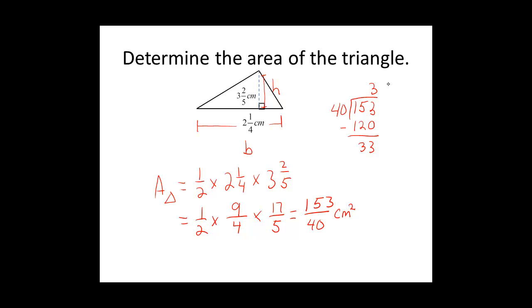Our remainder is our numerator, and what we divided by is our denominator. So this is our answer as a mixed number, 3 and 33/40 centimeters squared.